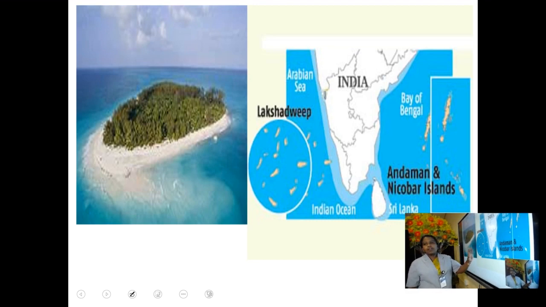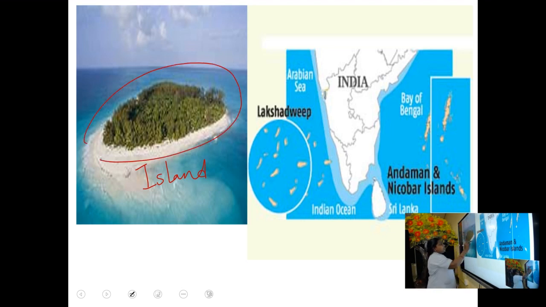Now, we have groups of islands in India. What is an island? An island is a land area which is surrounded by water on its 4 sides. If a stretch of land is covered with water on its 4 sides, it's called an island.